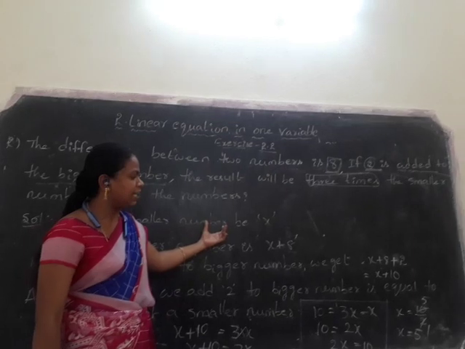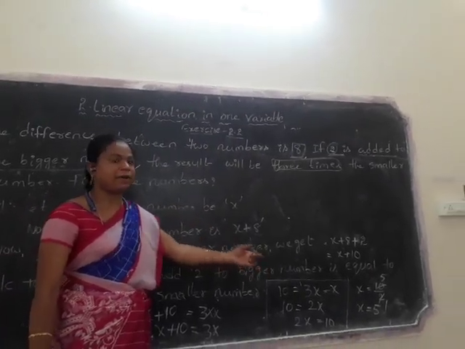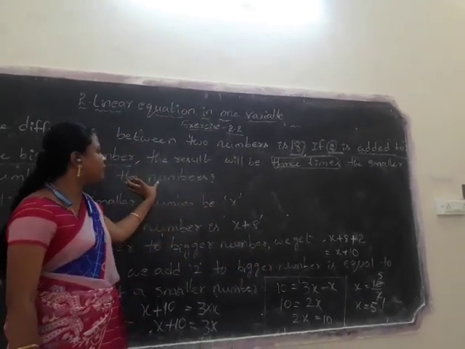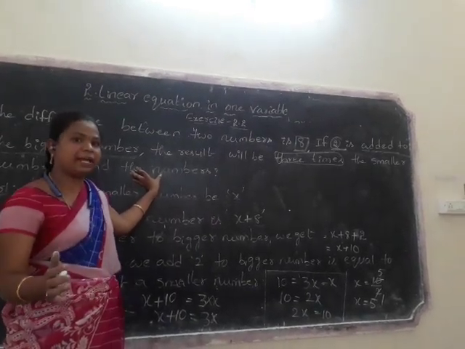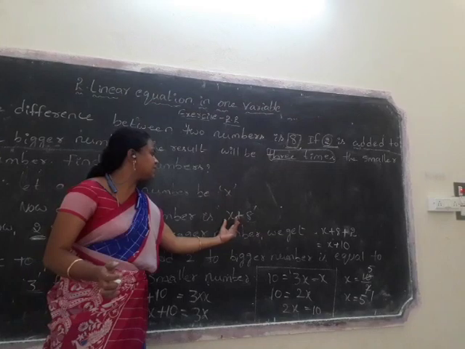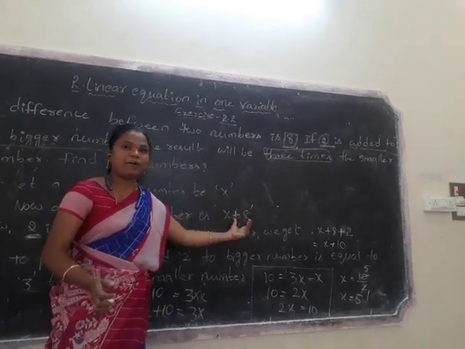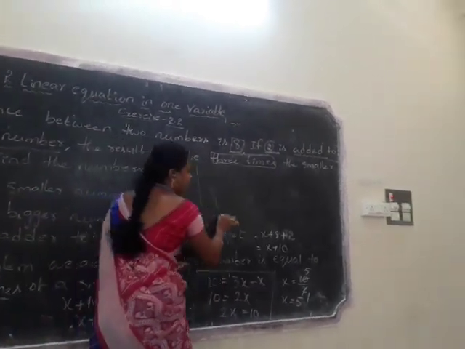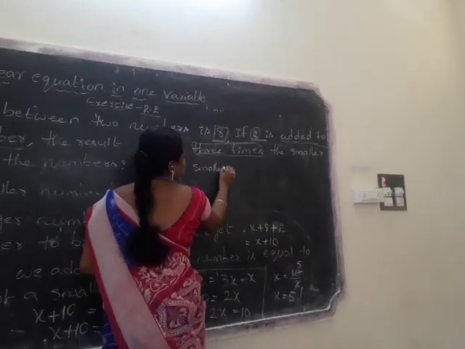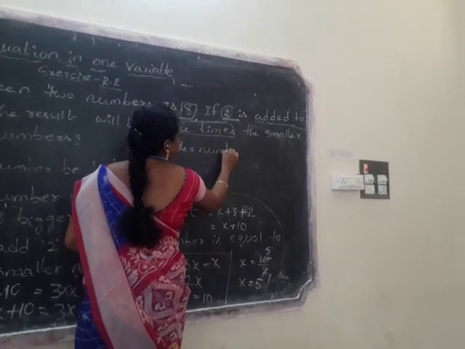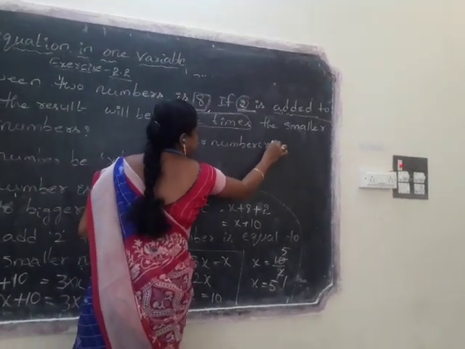So we get the answer for the small number. And in the problem we have to find out two numbers, the small number and the bigger number. But the bigger number is more than the smaller number by 8. Okay students? Smaller number is x.